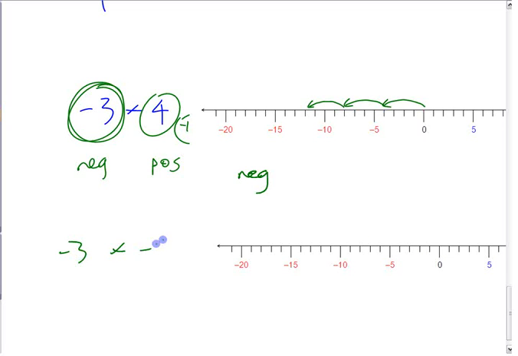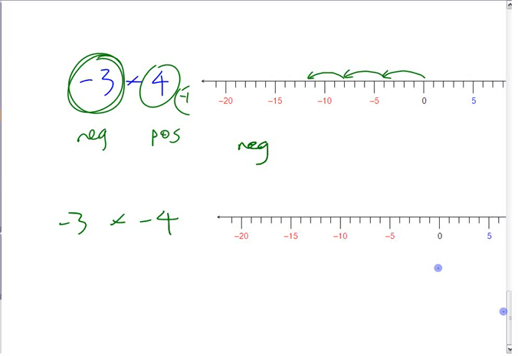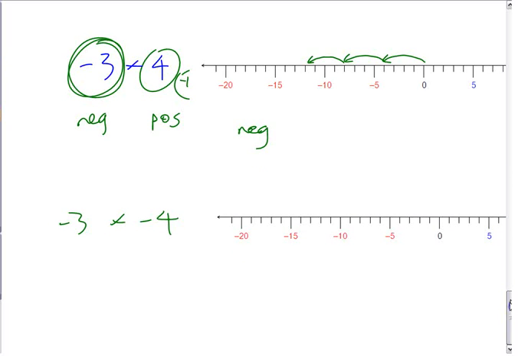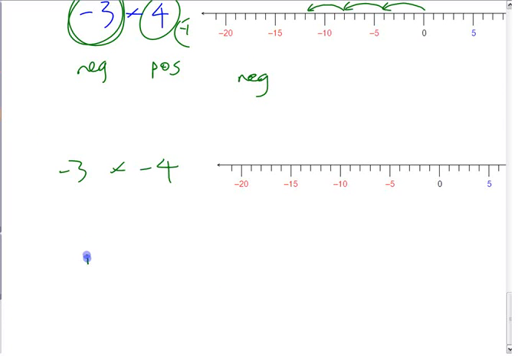The last one's a tough one here. It's negative 3 times negative 4. It's hard to think about it in terms of a number line. How could we think about that? This is like going backwards, but the jumps are also backwards. If you go backwards in reverse, you're kind of going forwards, right?